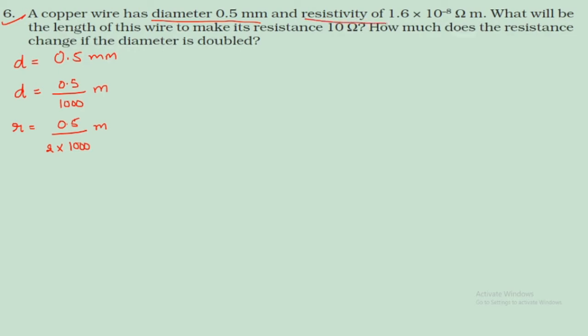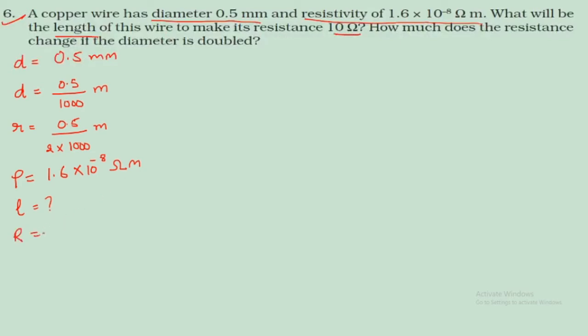Now resistivity, that means rho. Resistivity is given, that is 1.6 into 10 raised to the power minus 8 ohm meter. What will be the length? We have to find L, length of the wire to make the resistance of 10 ohm.